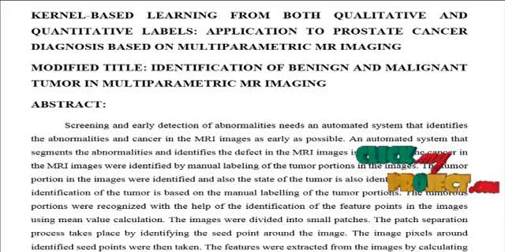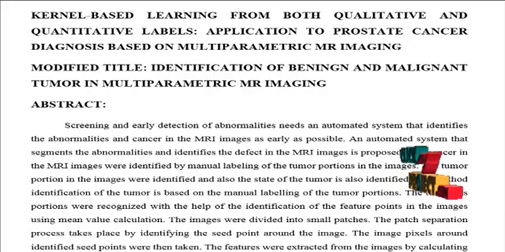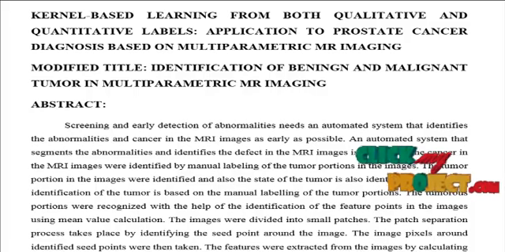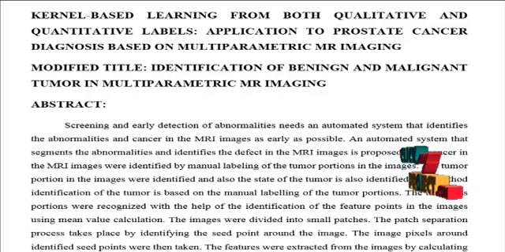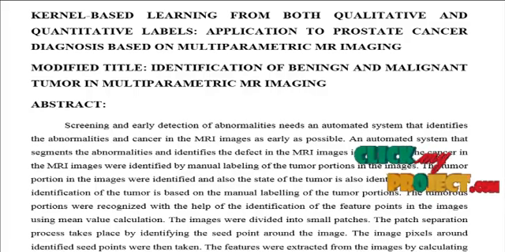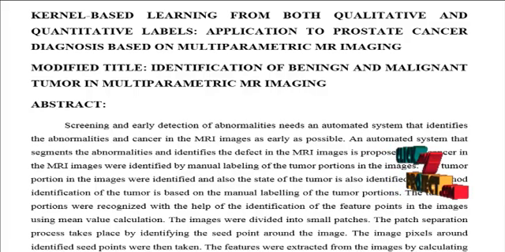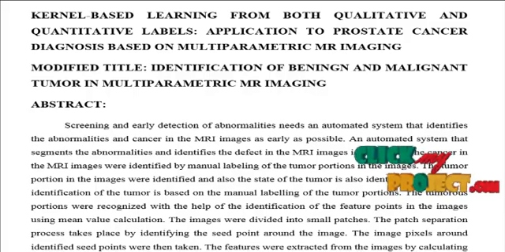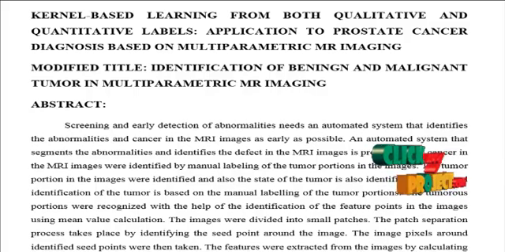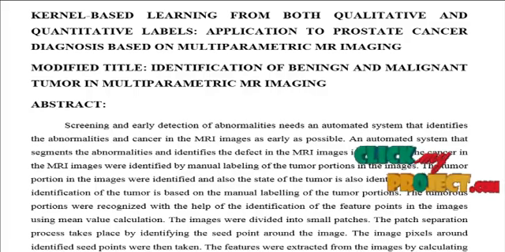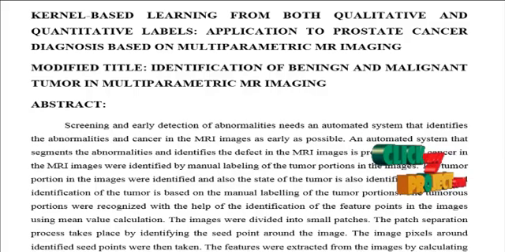The cancer in the MRI images is identified by manual labeling of the tumor portions in the images, and the state of the tumor is also identified.